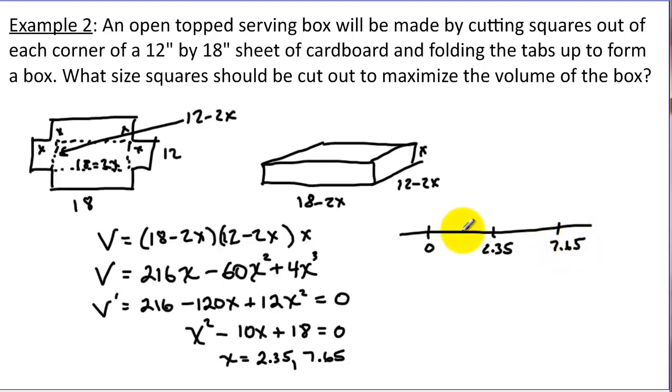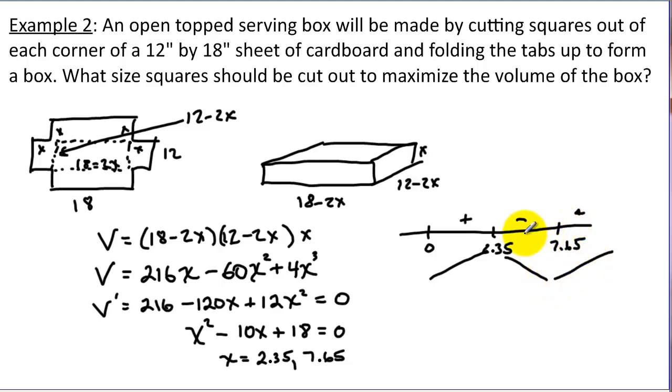So if I put 1 into my derivative equation, I get a positive number, so we are increasing. If I put, say, 5 into this and calculate, I get a negative number, so I'm decreasing. And if I put a big positive number in, this would become positive, so I'm increasing.